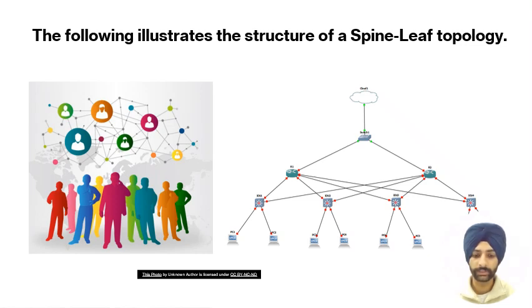On both GNS3 and the virtual machine the IP should be the same, then we can continue with our topology. In the spine leaf topology we have used 4 leaves, 8 PCs and 2 routers, and the router we have used is the Cisco 7200.